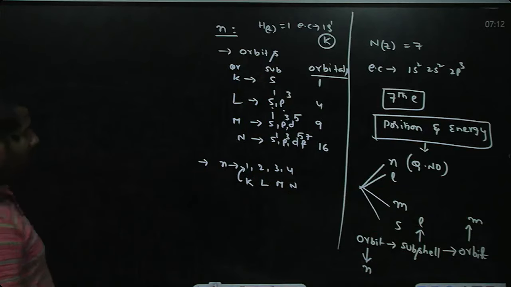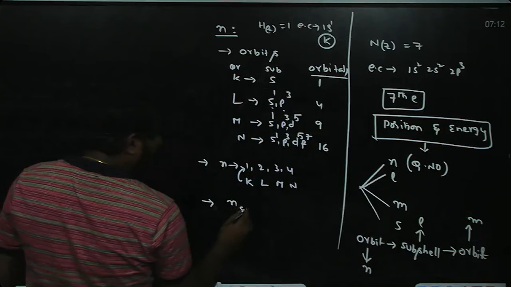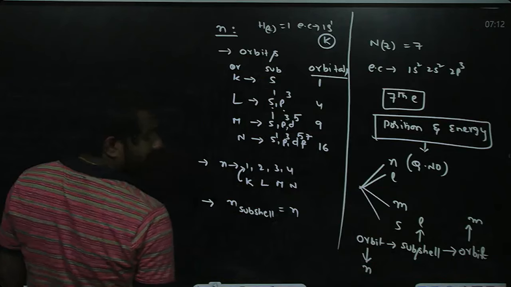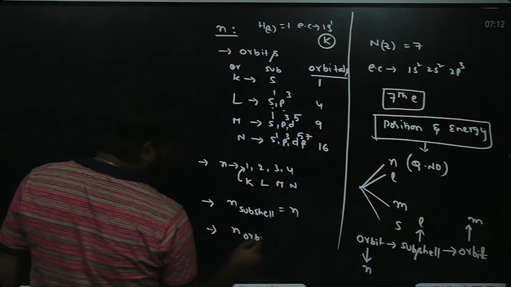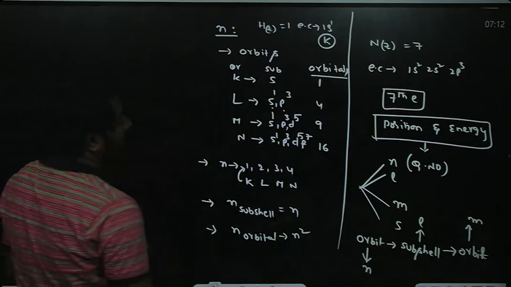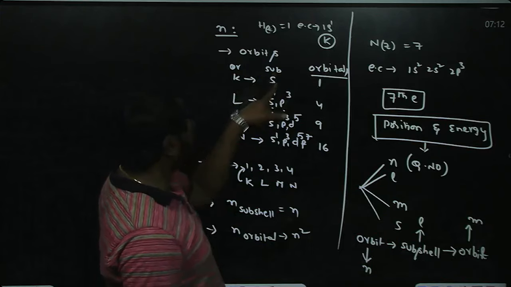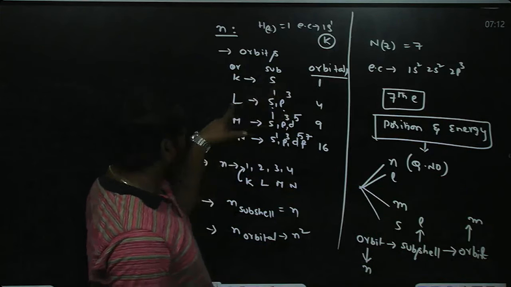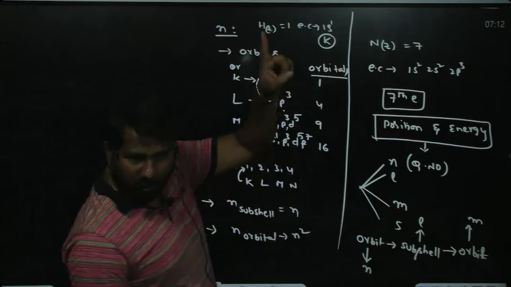Now, by using n, what can we find? The number of subshells equals n. The number of orbitals is n square. Don't be confused. For K, n equals 1, so subshells 1, and orbitals n square, 1 square means 1 only.